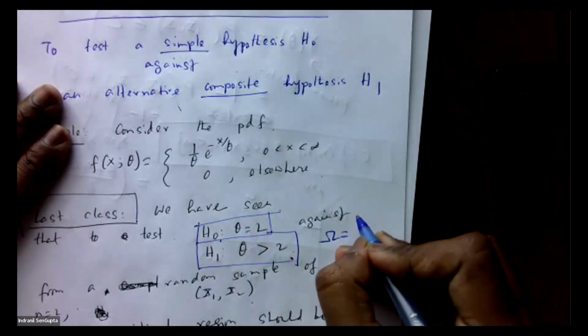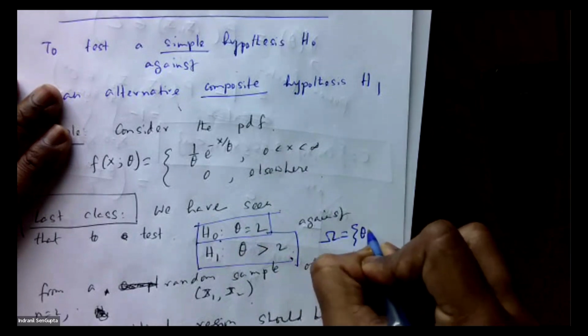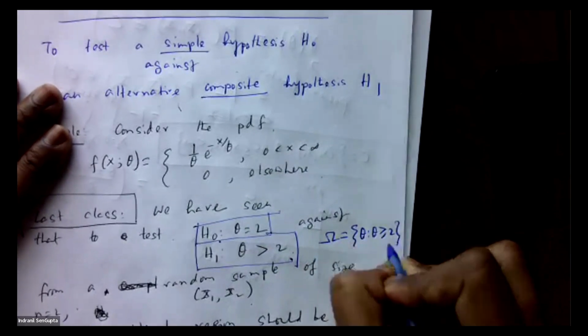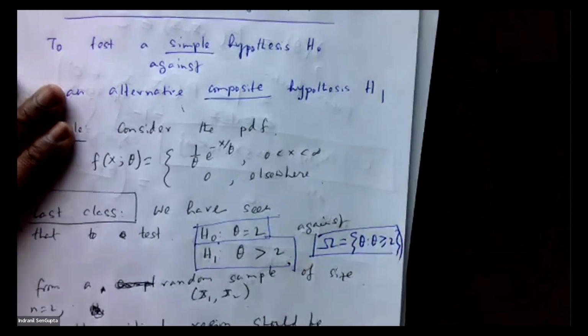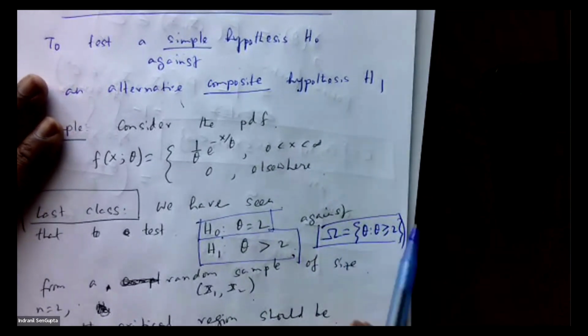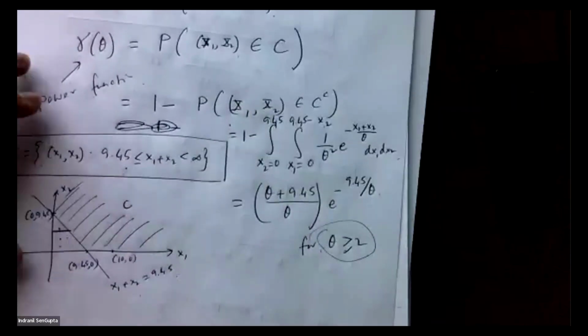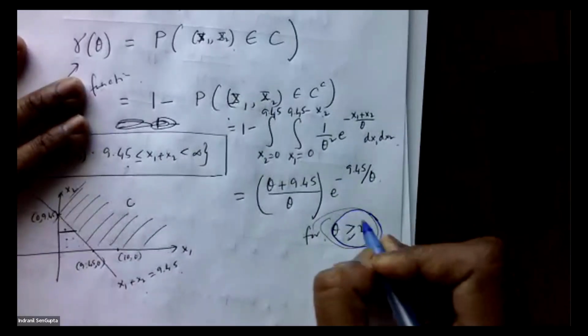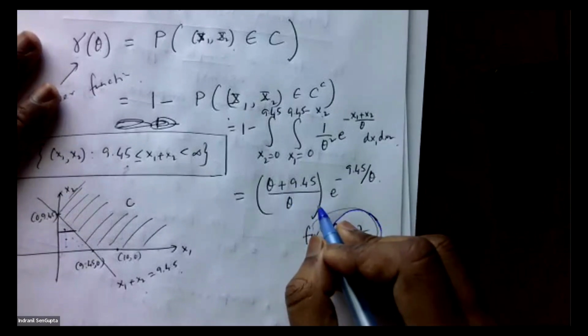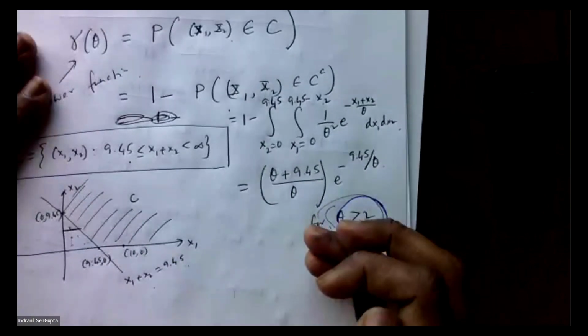What are the possible values of theta? This is theta such that theta is bigger than or equal to 2. So these are all the possible values of omega, right? So all possible values of theta are from this. And hence I wrote theta is bigger than 2 because whatever my theta is, it has to be in the omega, right?